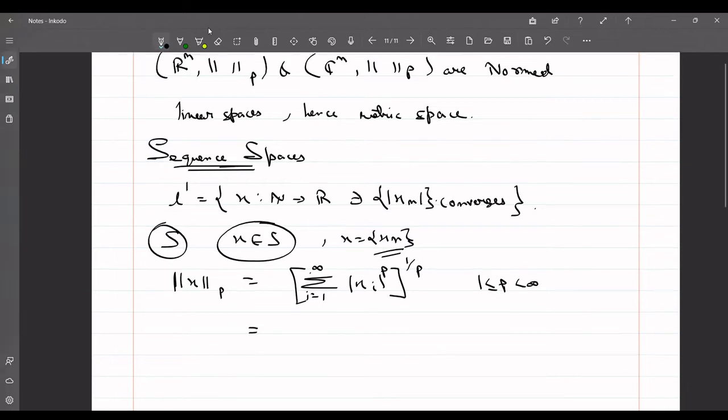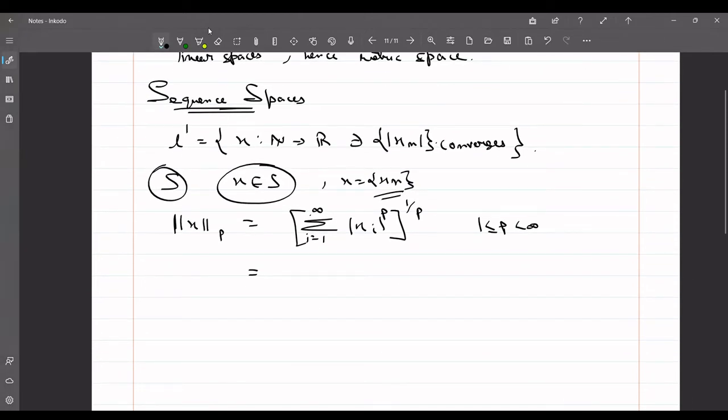And here, since there are infinite elements in the sequence and we cannot define the maximum, we take the supremum over i of the elements x_i, for p equals infinity. We might not use the mod here as we are taking the supremum. Got it?